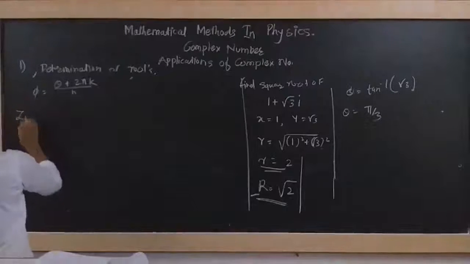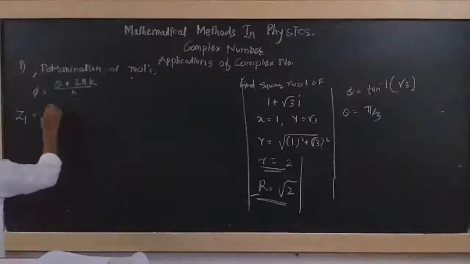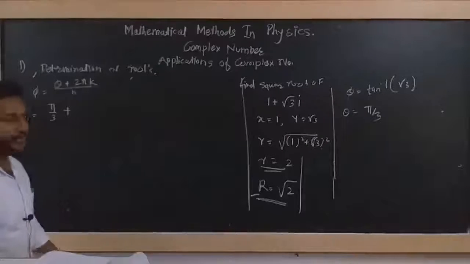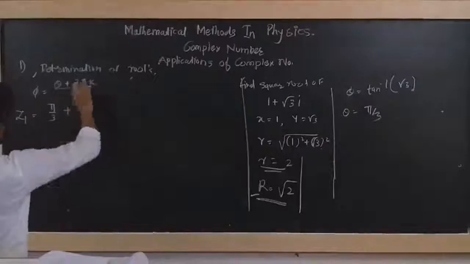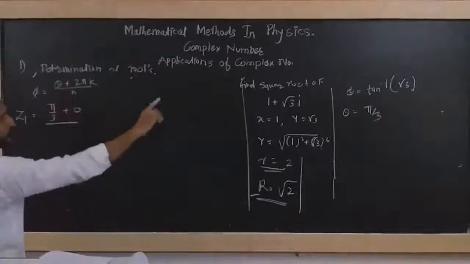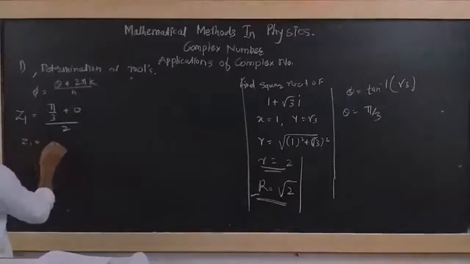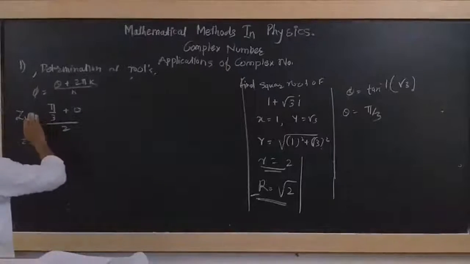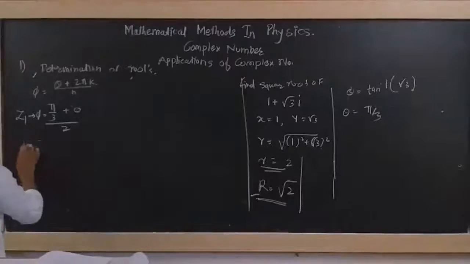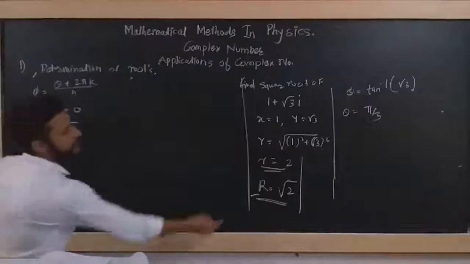So for the first root, if we take theta equal to pi by 3 and k starting from 0, then for z1, phi is equal to pi by 6, and r is equal to root 2.